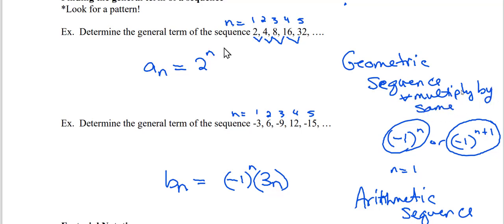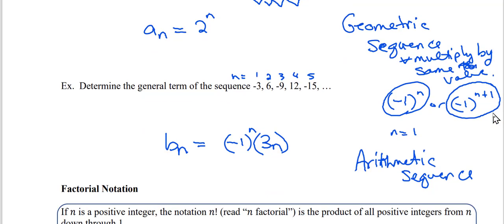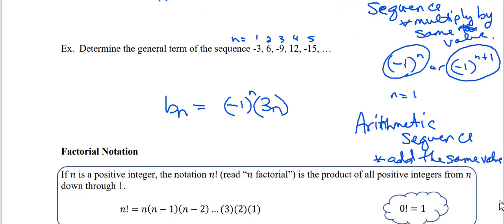In this case, 2. Same value. Arithmetic, you add the same value. So kind of ignore the alternating. Technically, I guess this isn't arithmetic because of that alternating, but you keep adding 3 there.